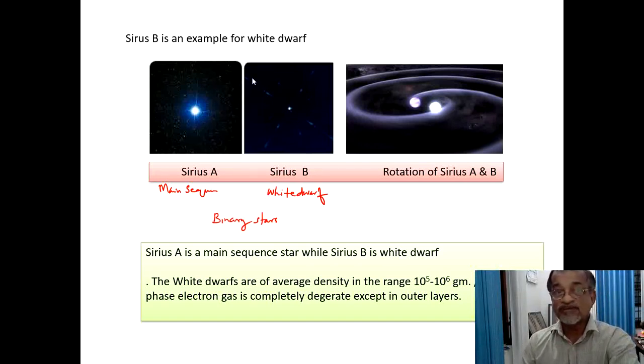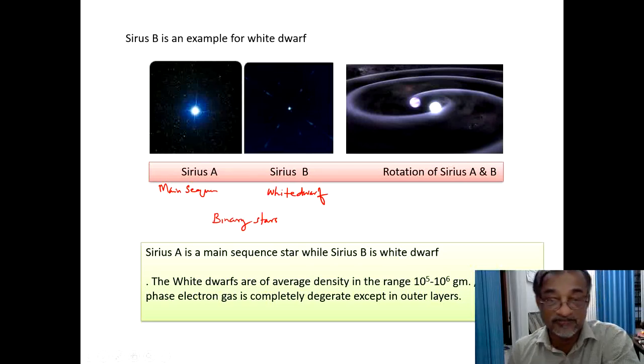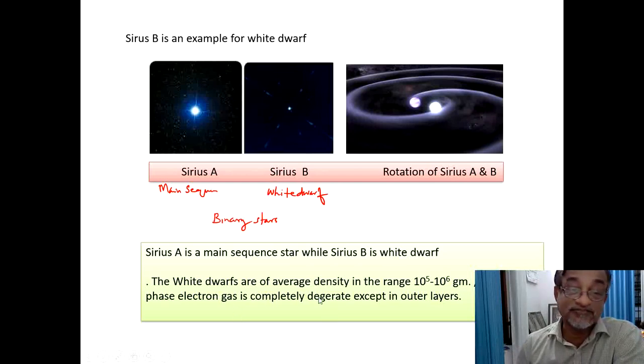Actually, these two are binary stars, so they are rotating around each other, as in this figure. The white dwarfs are of average density in the range 10 raised to 5 to 10 raised to 6 gram per cubic centimeter. In this phase, electron gas is completely degenerate except in outer layers.